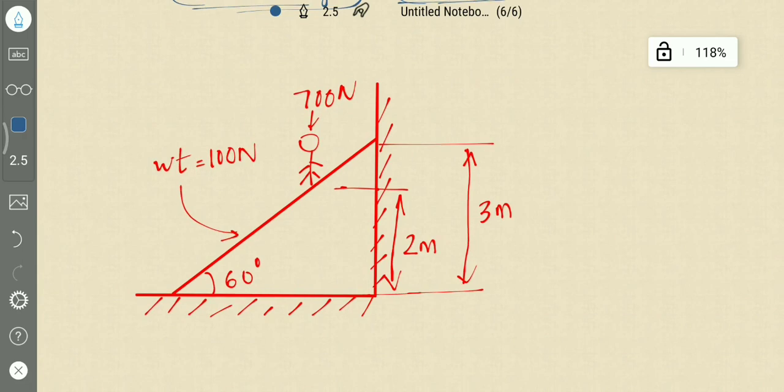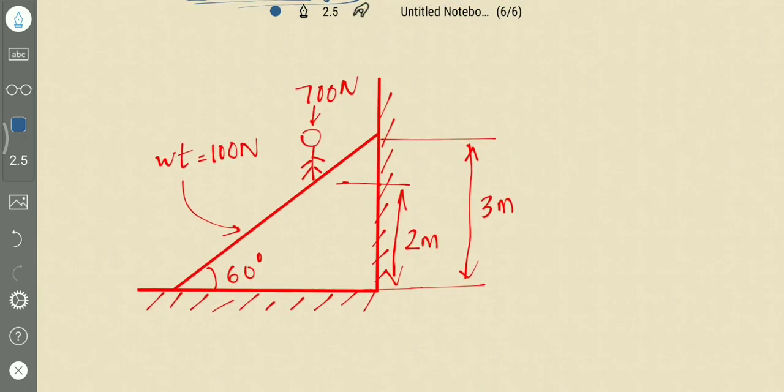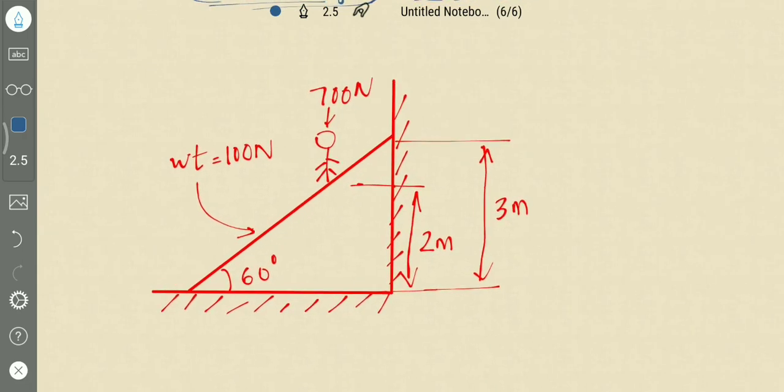Let us consider this example. There is a ladder laid against the wall, and it is resting on the ground. These two surfaces are smooth, which means there is no friction.